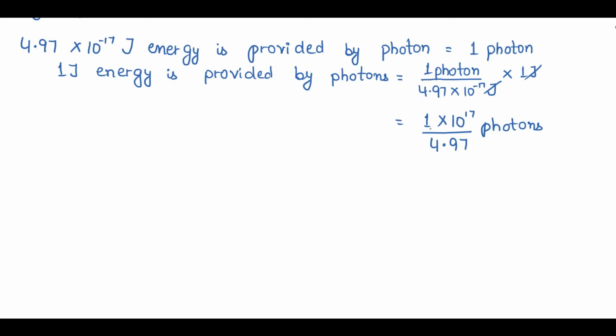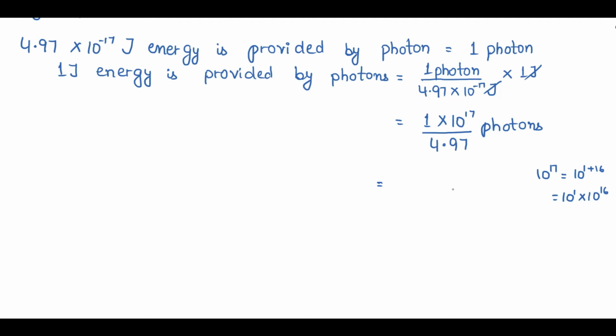If you see, the value 1 is less than 4.97. So I'll simply convert this value to be higher than the value in the denominator. This 10 raised to power 17 can be written as 10 raised to power 1 plus 16. If powers are in addition, that means these are actually in multiplication. So 1 into 10 raised to power 1 means 10.